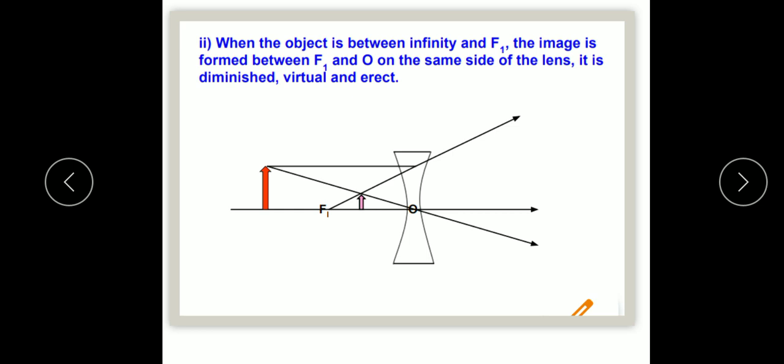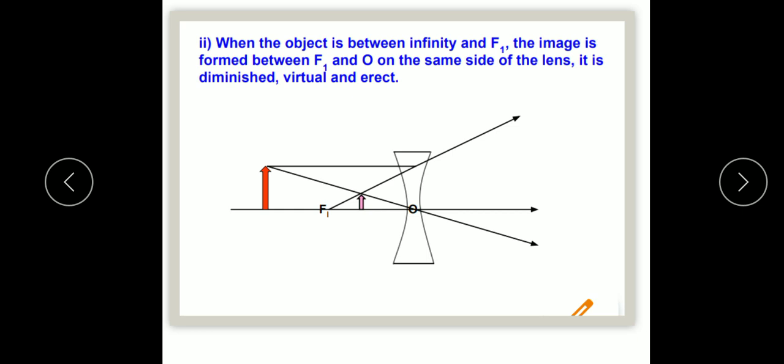The image is formed between the optical center O and the principal focus F1 of the concave lens. The nature of the image is virtual and erect, and the size of the image is diminished. Diminished means smaller than the object.